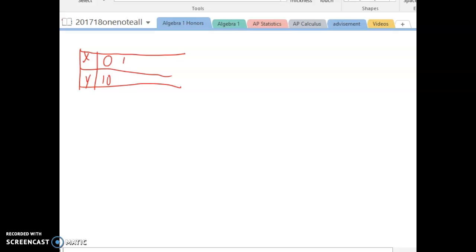When x is 1, y is 20. When x is 2, 30. When x is 3, y is 40. So we want to think about, does this have a common difference? Does it have a common ratio, or does it have something different?